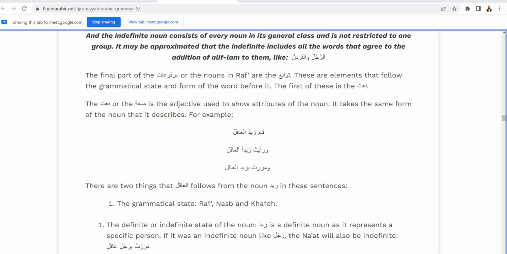Because of them saying that they are Ash'aris, they said that they are kafir. Astaghfirullah. And because of this, they killed all the Hujjaj.